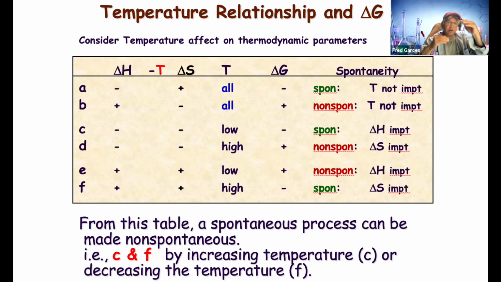When it's uphill and more chaos, again they're opposite. More chaos is spontaneous, uphill is not spontaneous. So temperature plays a role again. At low temperature, enthalpy is the dominant factor. At high temperature, entropy becomes the dominant factor.